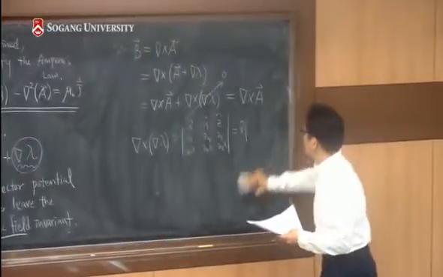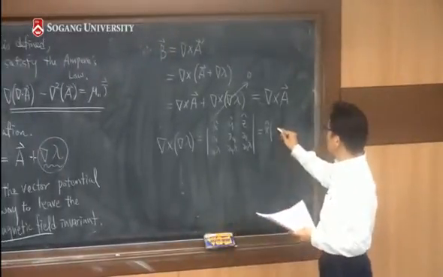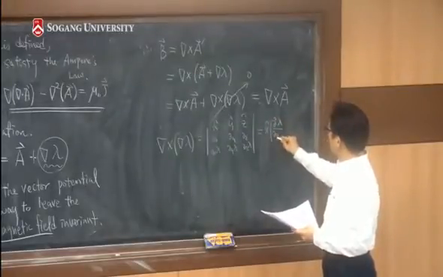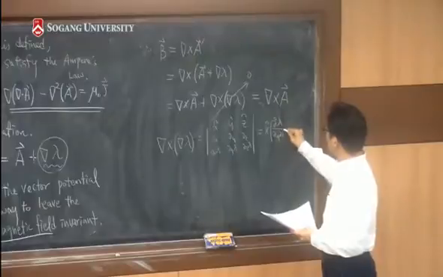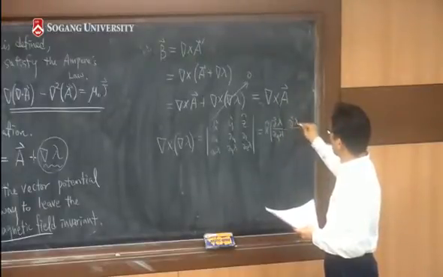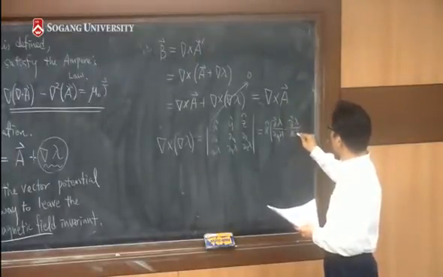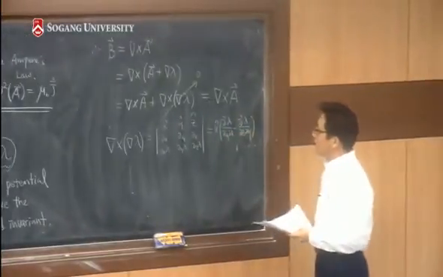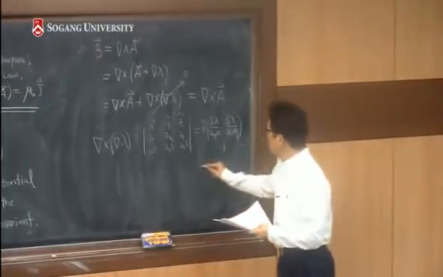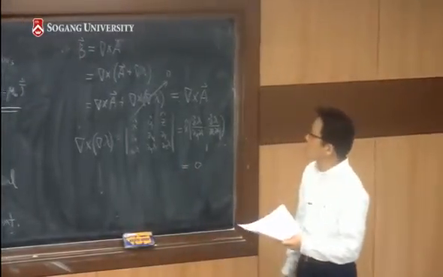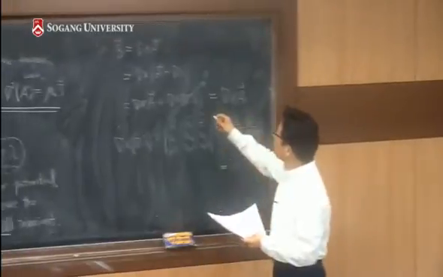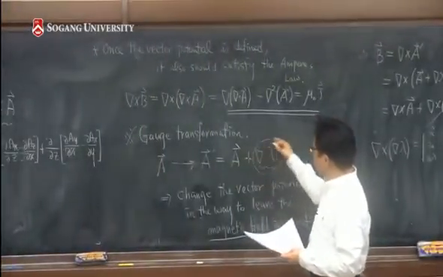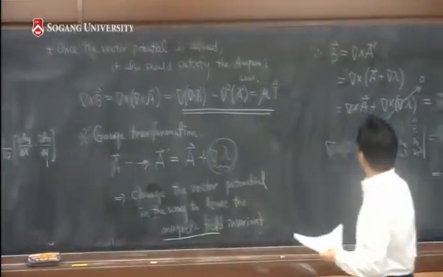So if you look at the x component, you will see ∂²λ/∂y∂z minus ∂²λ/∂z∂y, and so on. Each term of the vector will be all the time 0, such that this will be all the time 0. Okay?